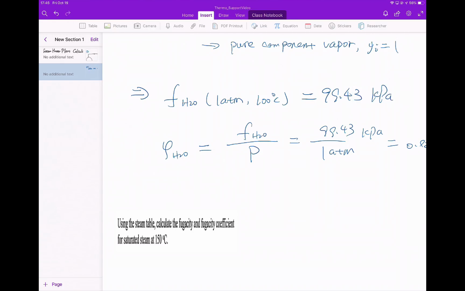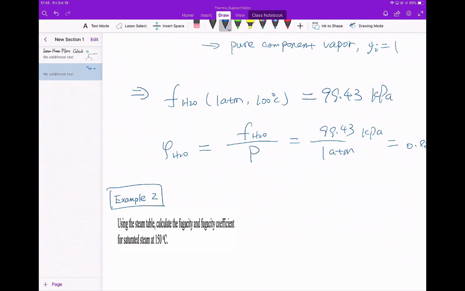So the second example is this, example 2. That example is also a previous problem. This is problem 3 for the final exam of 2017. Okay.